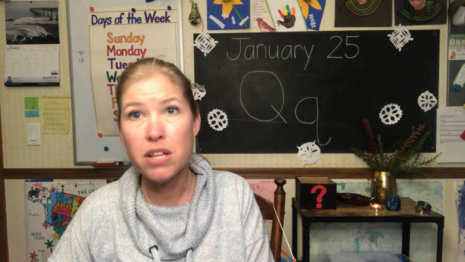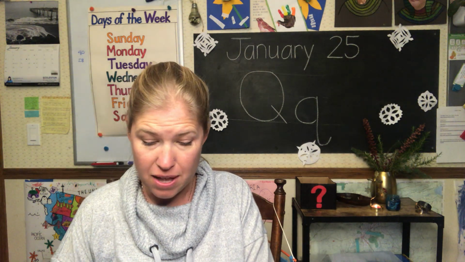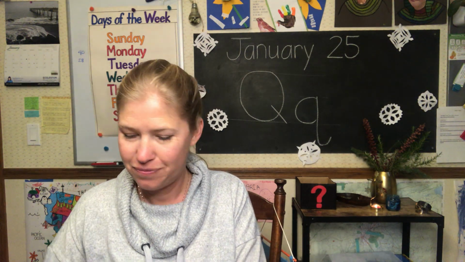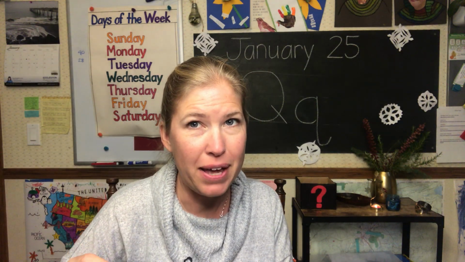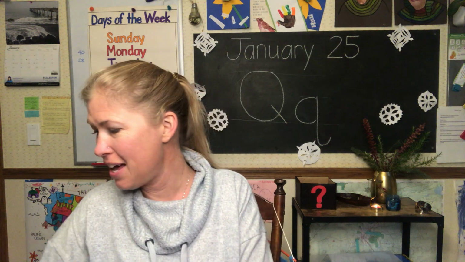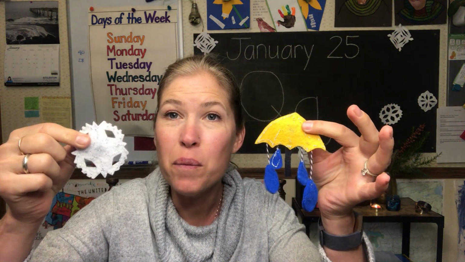So, something else that we're supposed to be expecting as well is rain. We're getting rain and snow this week, depending on where you live. But I think we should all see a little bit of both of these, which is going to be so fun.